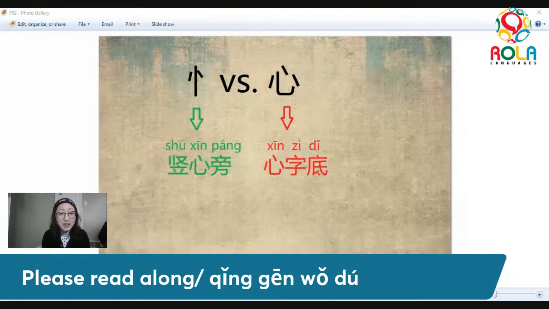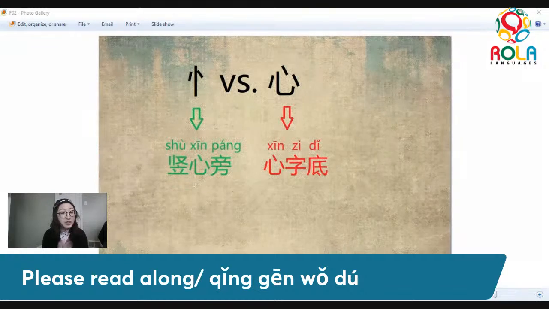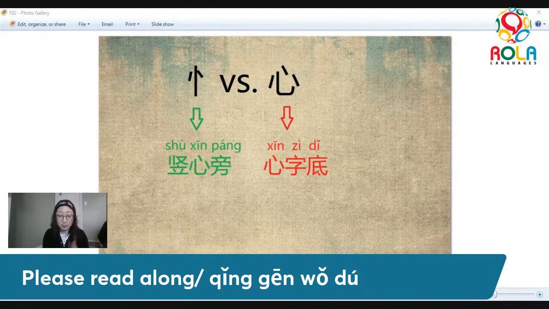And the other one is called 心字底. 心字底, if we want to get literal, it means heart as a character and served in the bottom. So I know by just looking at it, you probably can't think of any characters using either 竖心旁 or 心字底. But let me quickly serve you two examples.